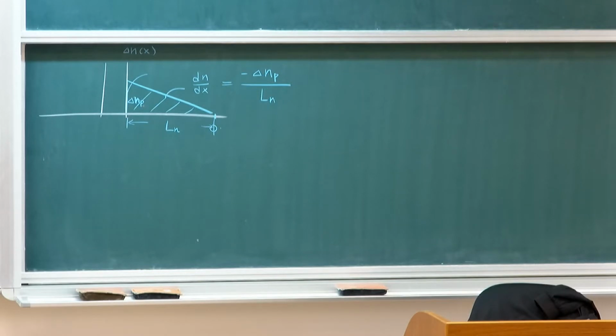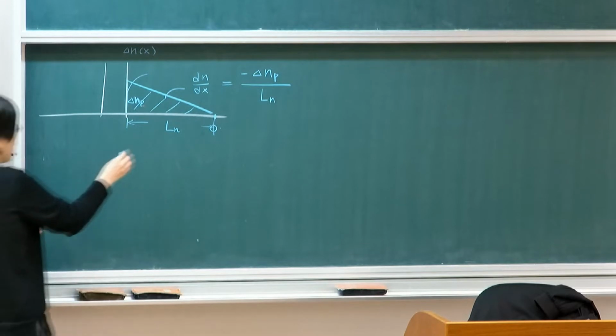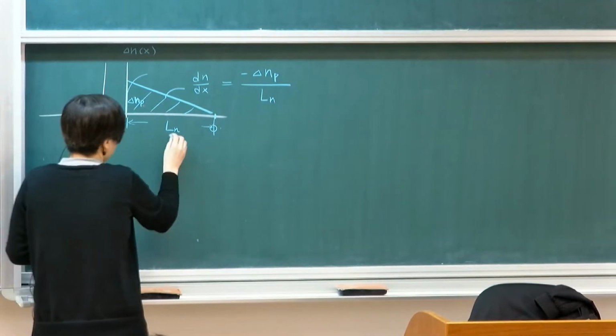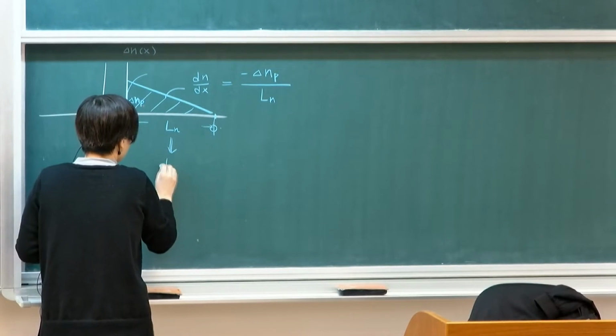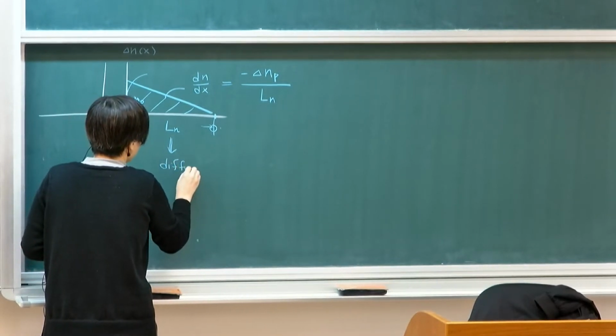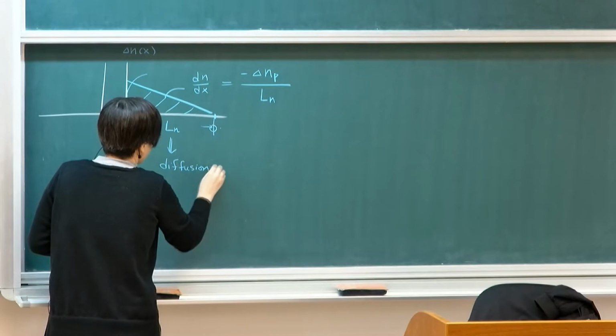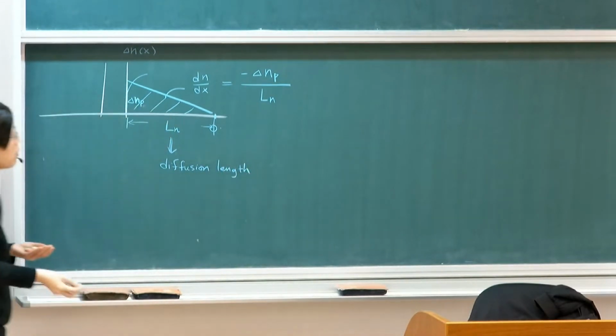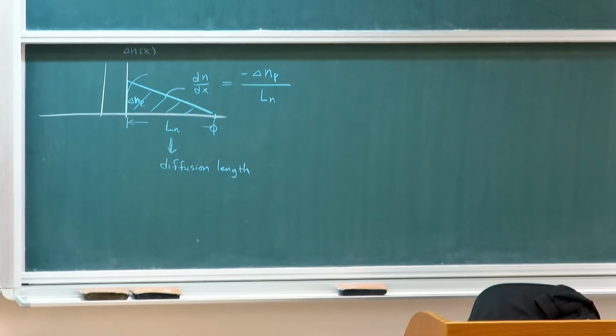But in this case, I'm simply going to use the characteristic length, L_n, which depends on the material itself and is defined as the diffusion length. It's not actually a straight line. I'm just using a straight line to approximate what happens so that the derivation will be easier.